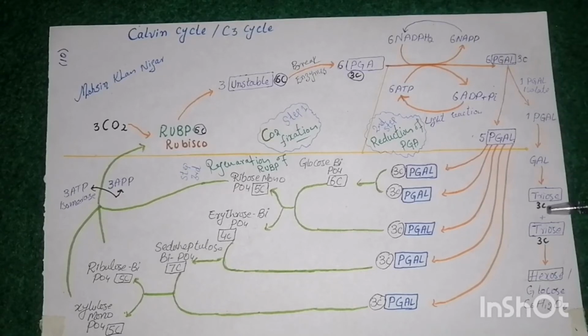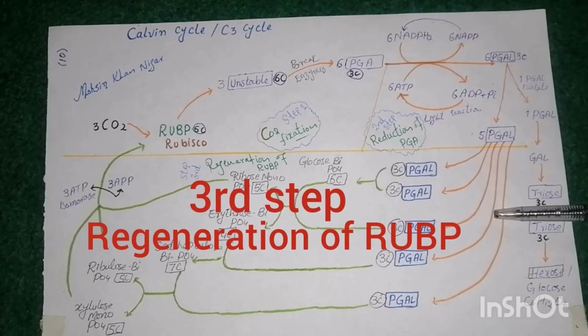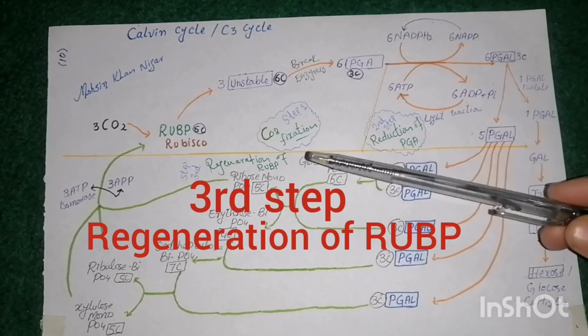When this triose reacts with another triose, both being 3 carbon compounds, it forms hexose, which is a 6 carbon compound, and we call it glucose, C6H12O6. So one molecule of PGAL will make hexose sugar and the other 5 molecules of PGAL go to the last step of the Calvin cycle, known as regeneration of RUBP.